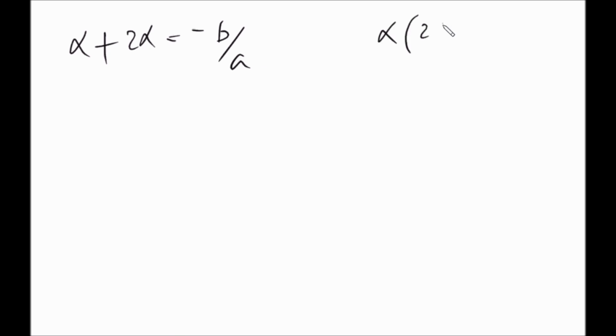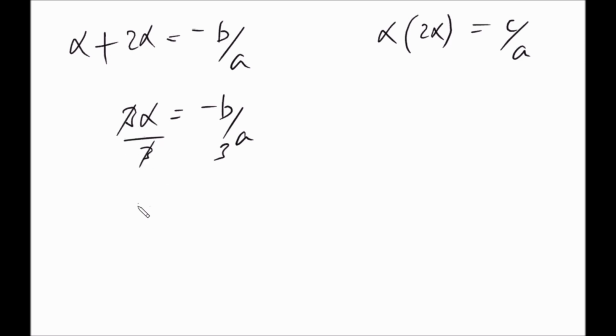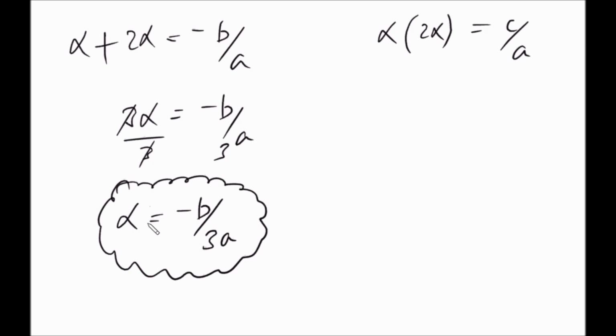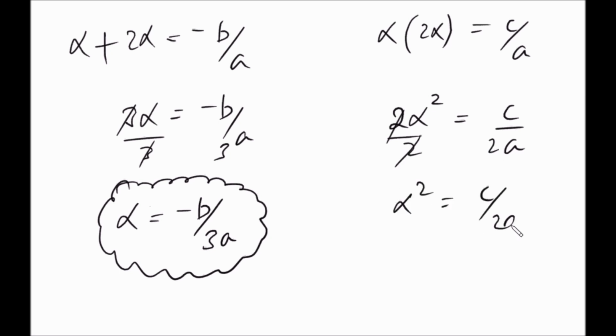Dividing by 3, alpha equals negative b over 3a. And then alpha times 2 alpha is 2 alpha squared equals c over a. Dividing by 2, we get alpha squared equals c over 2a.